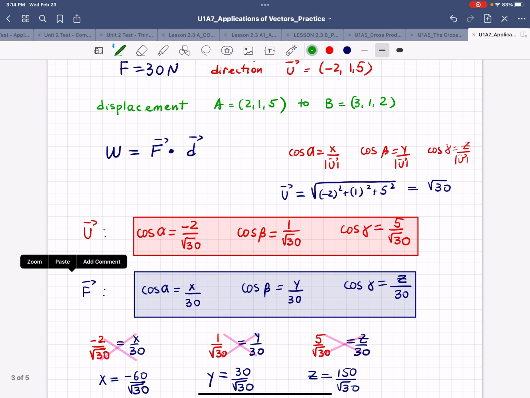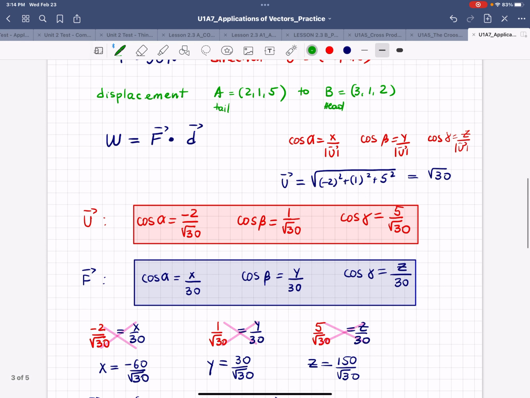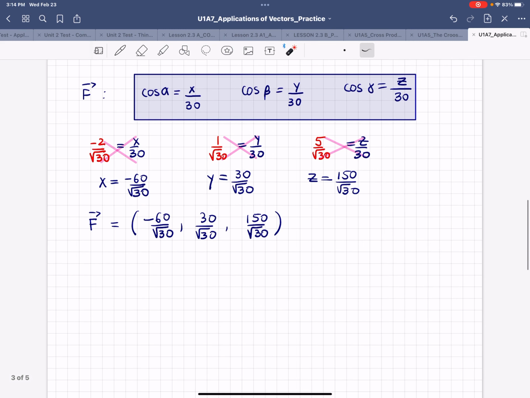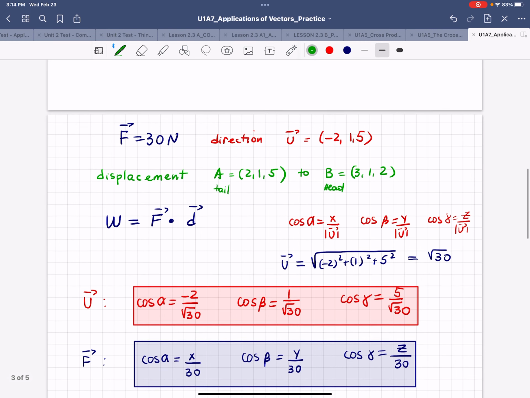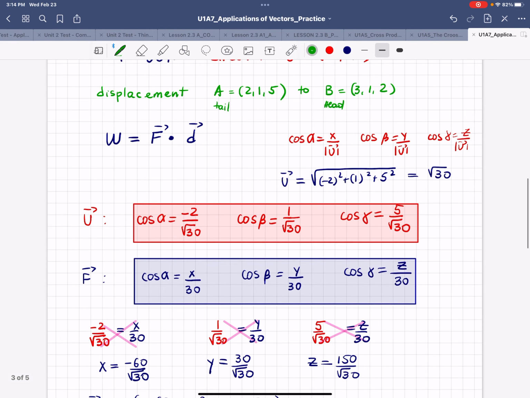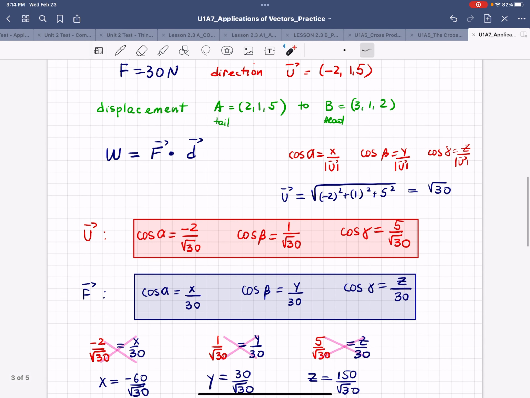The displacement vector, since we're going from A to B, means that A must be the tail and B must be the head of the vector. To find the vector AB, we subtract: x of B minus x of A. So the displacement vector AB equals 3 minus 2, that's 1, then 1 minus 1 for the y coordinates, and for z, 2 minus 5.